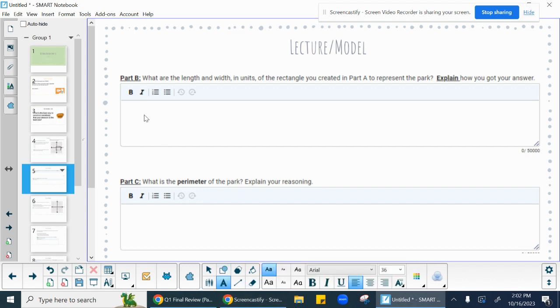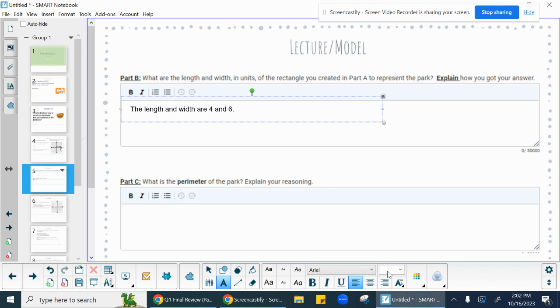Notice that this says to explain your answer. So that means we're not just typing 4 and 6. We are actually explaining our answer. So we're going to say, always restate the question. The length and width are 4 and 6.